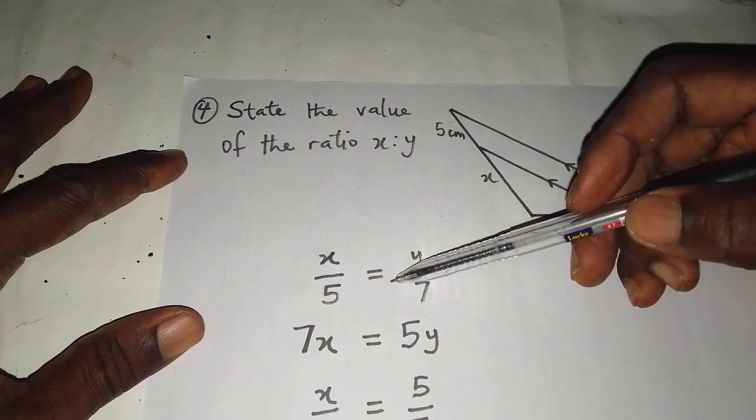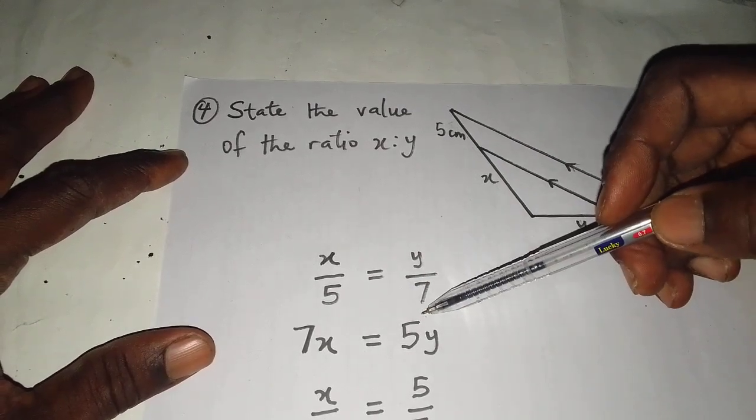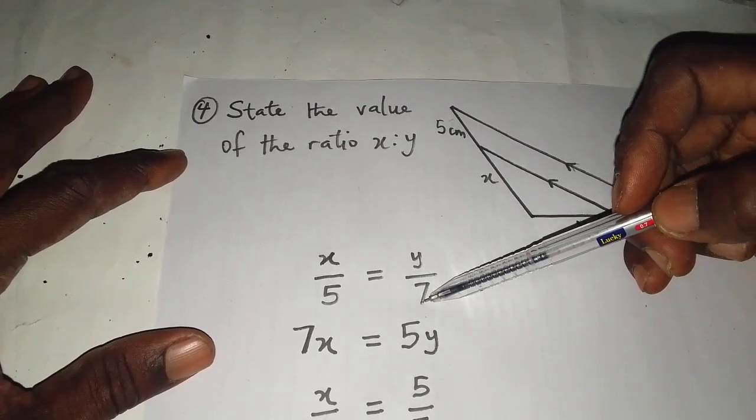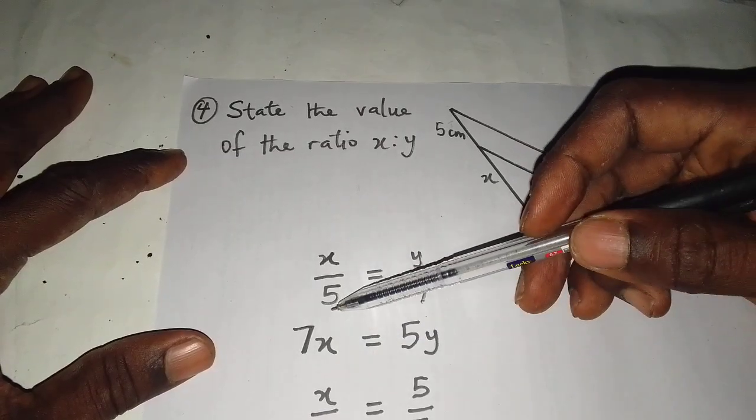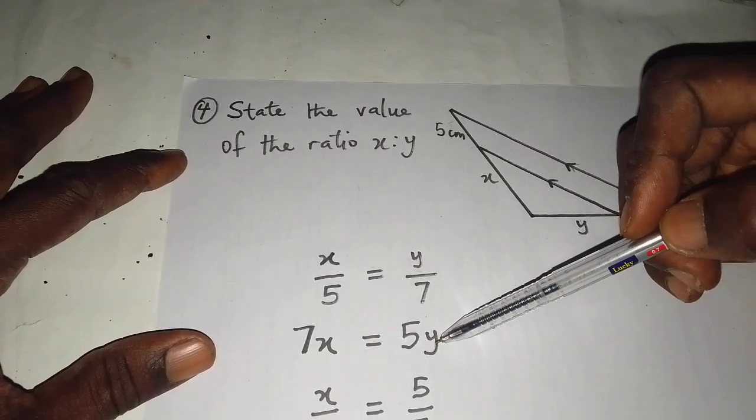So x over 5 is equal to y over 7. Let us cross multiply. So that means 7 times x will give us 7x. 5 times y is 5y.